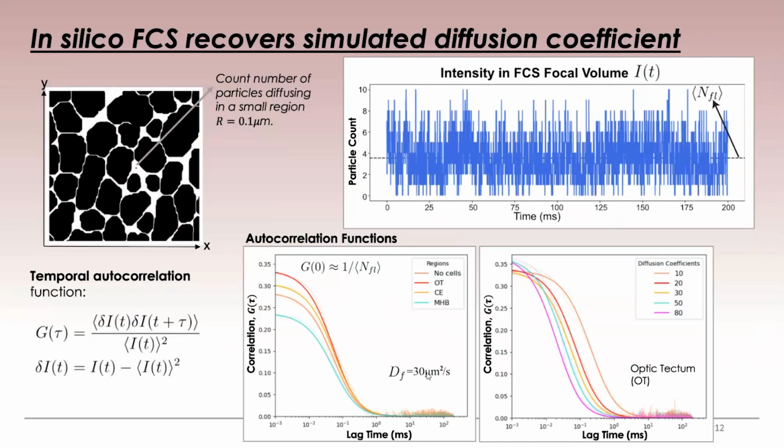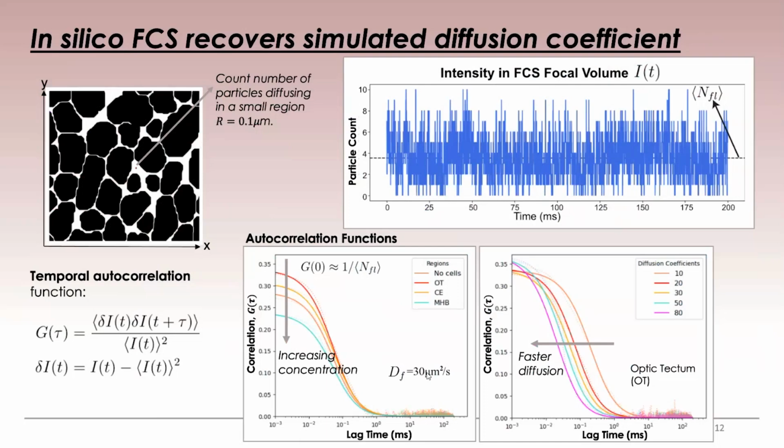So for the first graph, the different colors are FCS performed in different regions of the zebrafish brain. For the second plot, the different colors are the different diffusion coefficients. So a bit about the autocorrelation function. The x-axis is the lag time, tau, and this is plotted in a log scale.